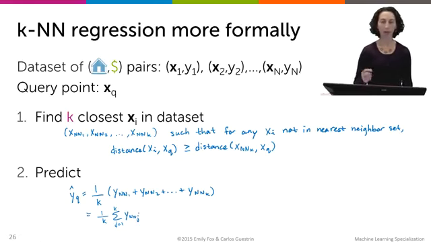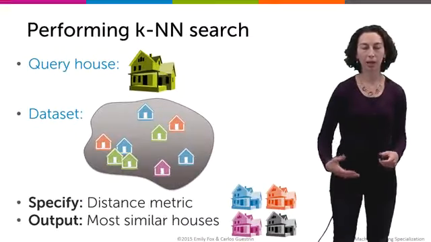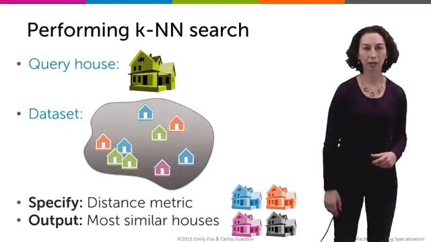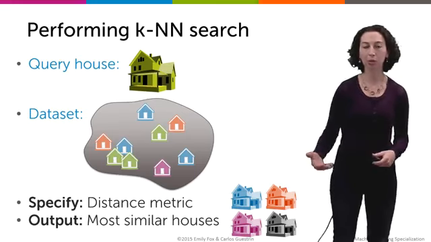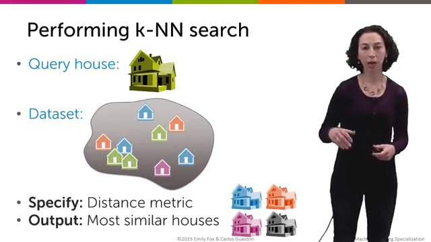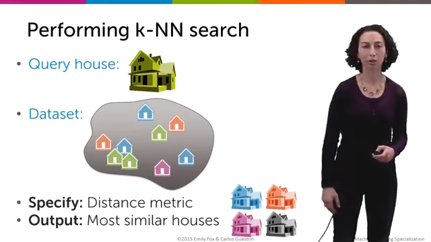Okay, so k nearest neighbors, like I said, is a very simple variant or generalization of 1 nearest neighbors. Now let's talk about how we implement our k nearest neighbor search in practice. And the setup is exactly like it was for 1 nearest neighbor, but instead of outputting just the most similar house, we're going to output a set of similar houses, specifically k similar houses.